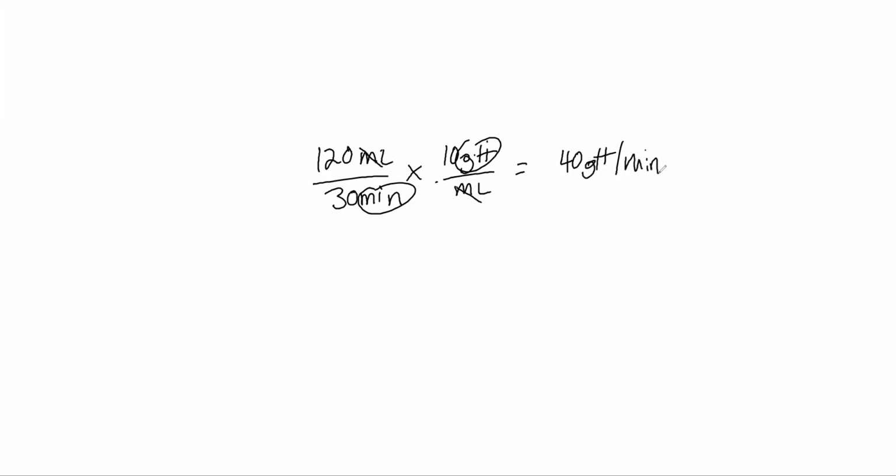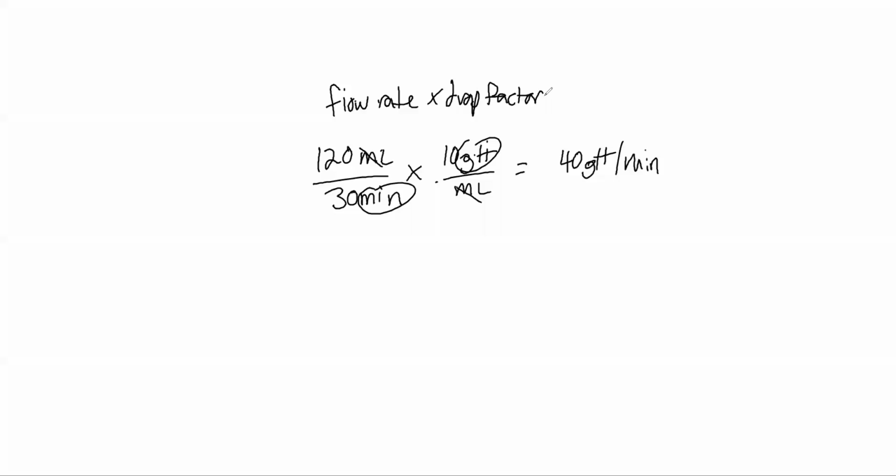Now for this one, because there is no commonality with milliliters, like where you could do order over have, this is where I would recommend learning either the dimensional analysis or just do this flow rate times the drop factor.